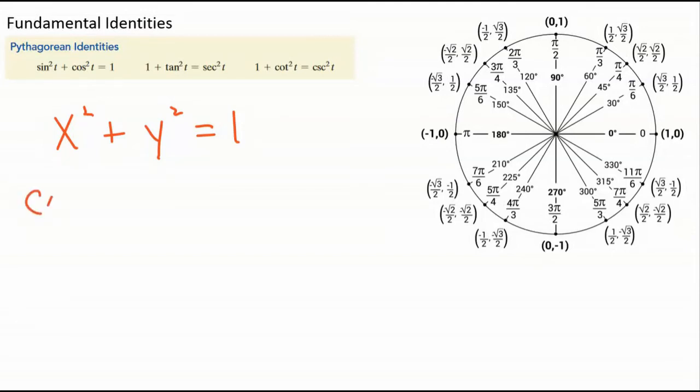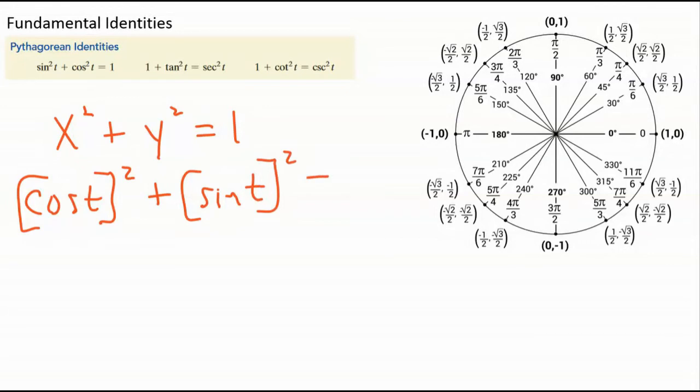So I could write this as cosine of t all squared plus sine of t, because y is sine of t, all squared, equals 1. One more thing, cosine of t all squared, like this. Another way I could write that is cosine squared of t.